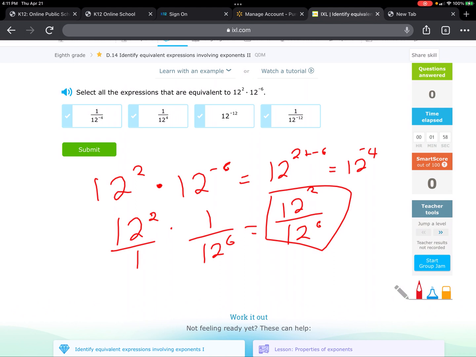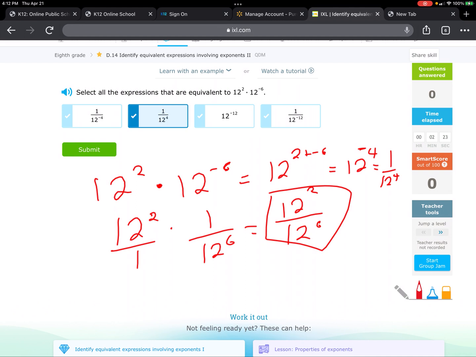So we keep going. Well, 12 to the negative 4th power, that's a negative exponent, so we can rewrite that as 1 over 12 to the positive 4th power. So that makes our second option here one of our answers. We look a little further. 1 over negative 4 cannot be an answer because 1 over 12 to the positive 4 was an answer.